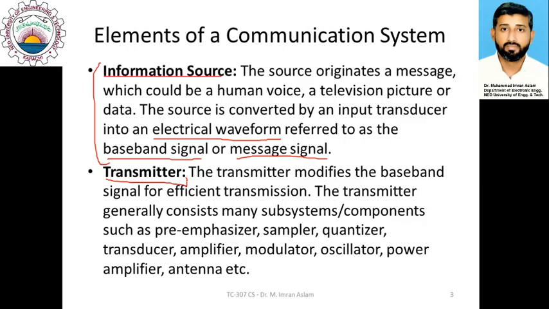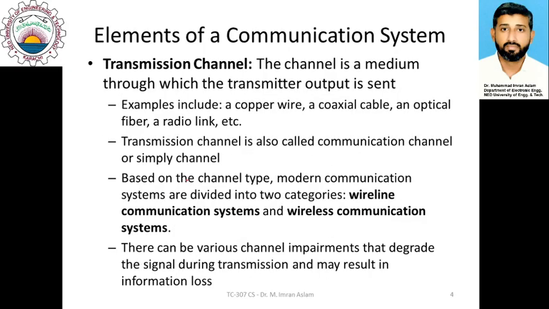Generally, this transmitter consists of many subsystems and components, and those systems are pre-emphasizer, sampler, quantizer, transducers, amplifier, modulator, oscillator, power amplifier, and antenna. These are the names of few subsystems that are used in a transmitter. So basically, transmitter is collection of all these components which perform certain operations to the signal.